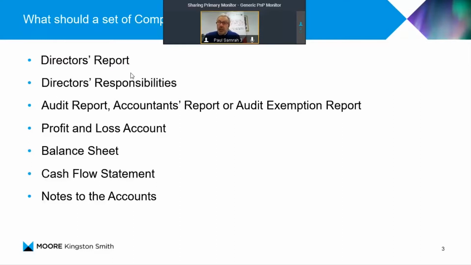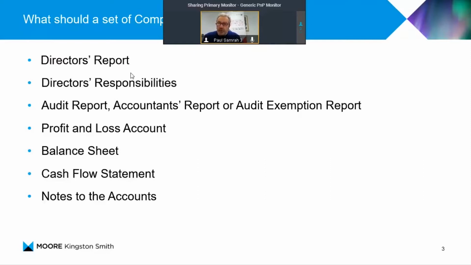So as we said last time, director's report, director's responsibilities are included in a set of companies' accounts. And then the reports there, we have the audit report or an accountant's report or a statement that the accounts do not need an audit. More on what an audit is in a moment.